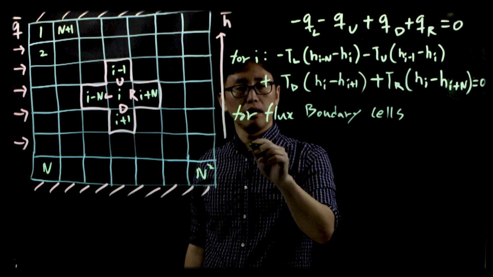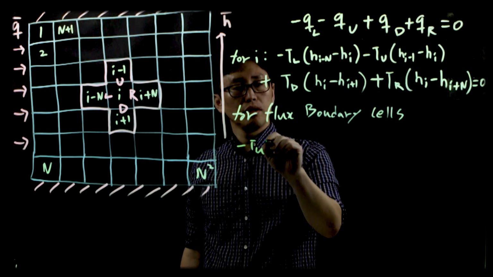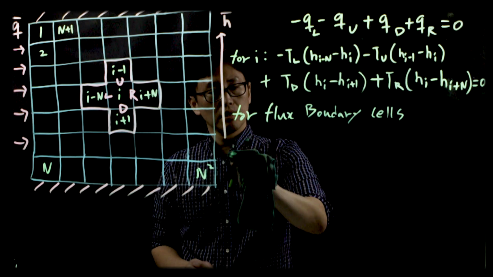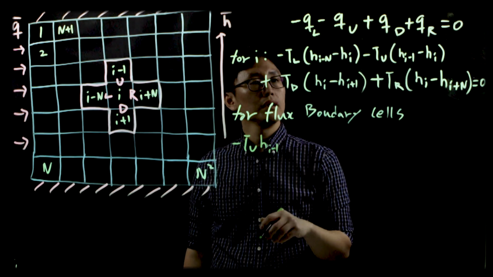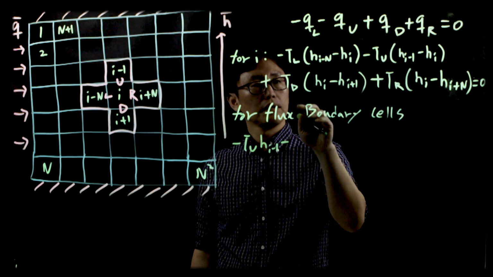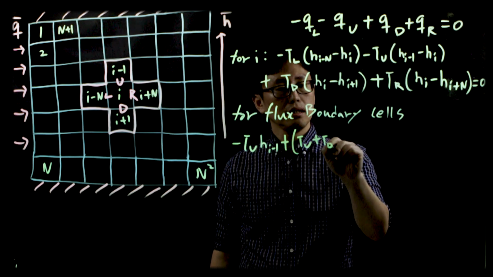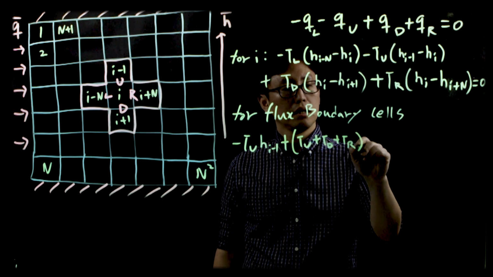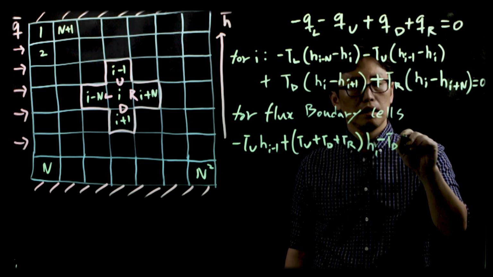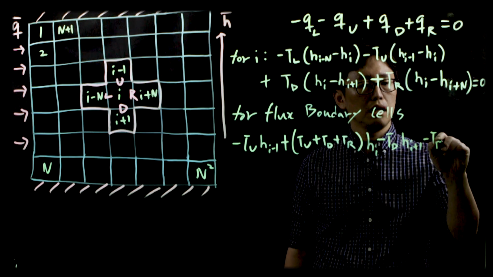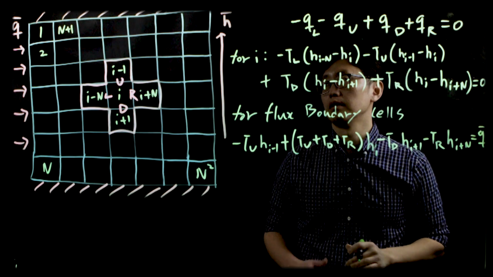which can be written as, I will fully express these three terms as minus TU H(i-1) minus TD, and the diagonal term TU plus TD plus TL, times Hi, minus TD times H(i+1) minus TL H(i+n) is equal to Q bar, right?